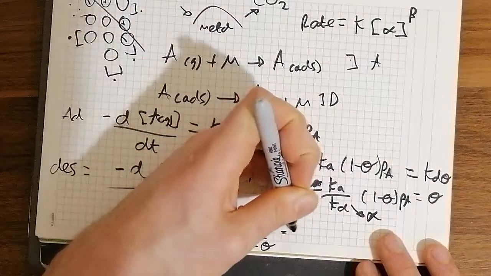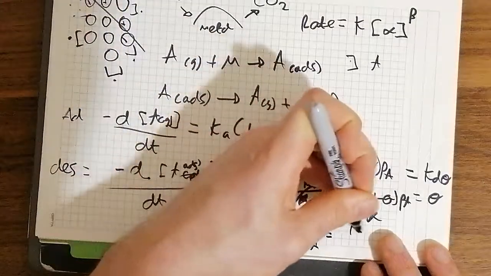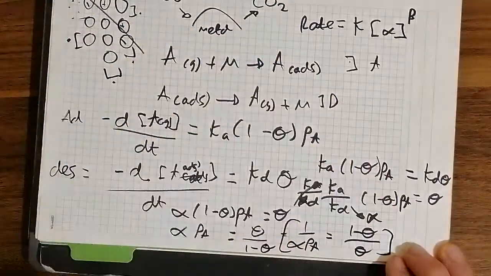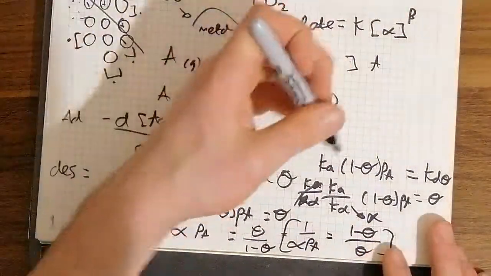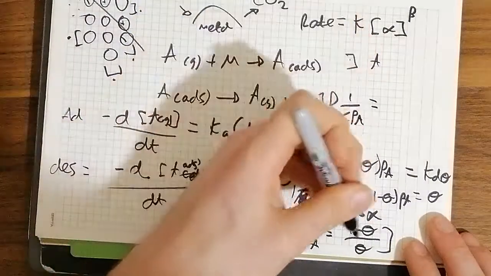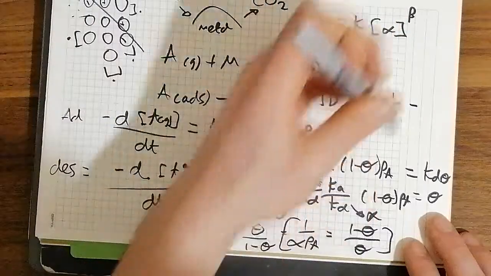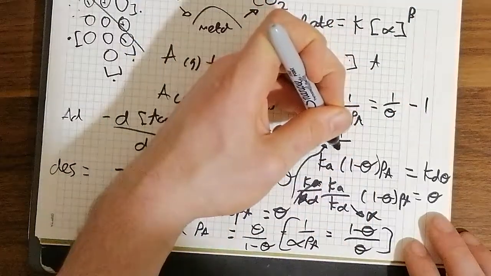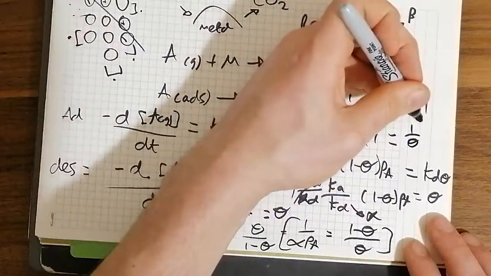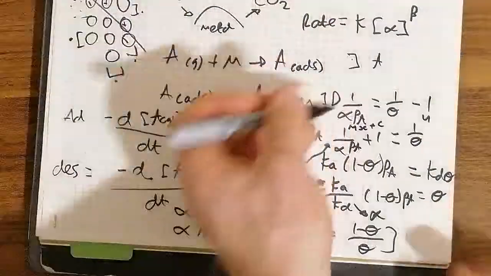So you get 1 over alpha Pa equals 1 minus theta over theta. So we can see we're getting somewhere now. Then we just finish this off. 1 over alpha Pa equals 1 over theta minus 1. You whack the 1 on that side, so 1 over theta equals 1 over alpha Pa plus 1. So you think about this as y, and you've got your mx plus c.